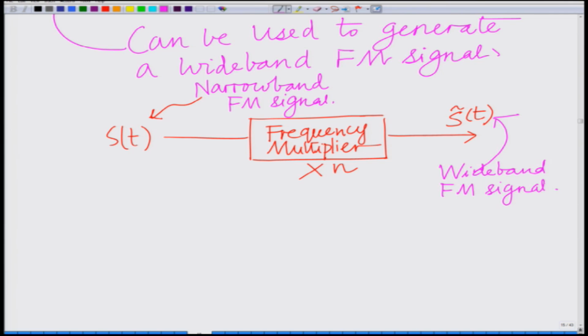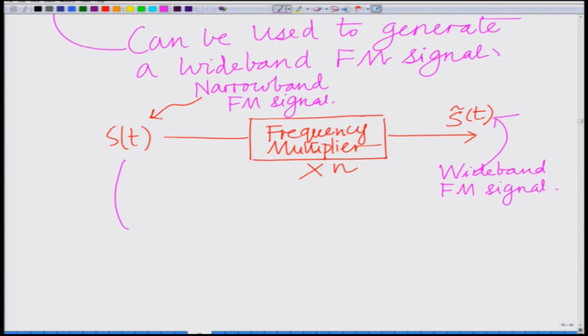This arises because the input narrow band modulated signal s(t) has an instantaneous frequency given by f_i(t), which is fc plus kf Am cosine 2 pi fm t.